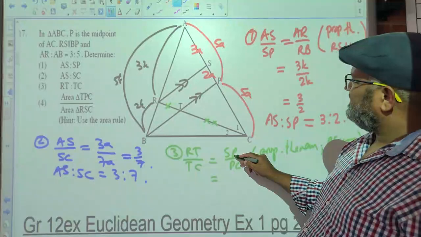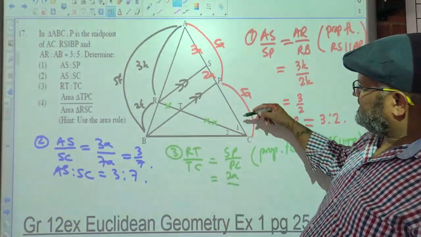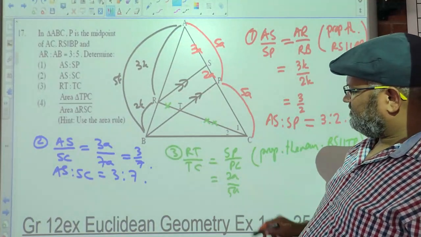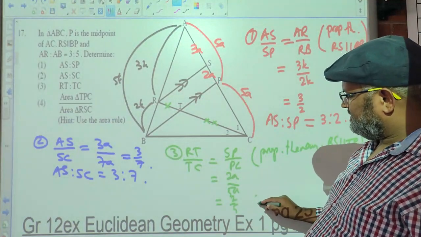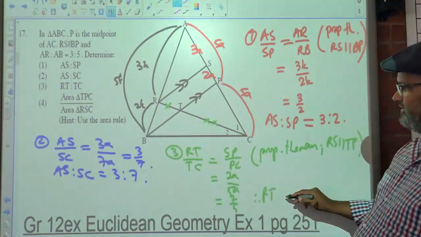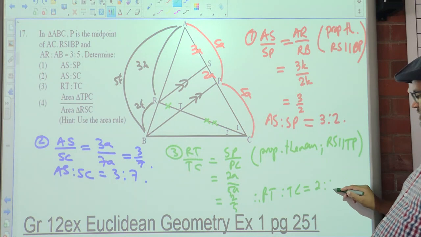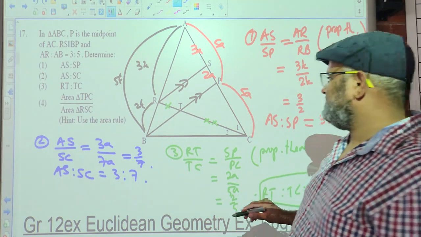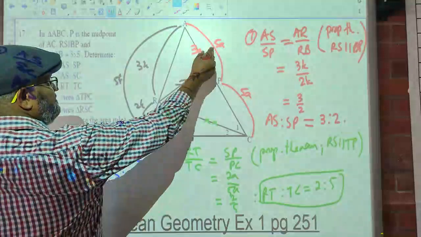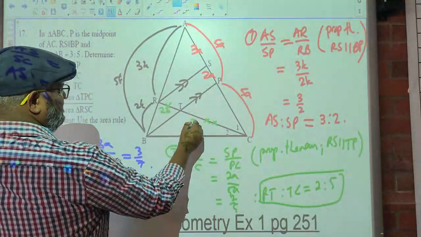So SP is 2A and PC is 5A. So it's going to be 2 over 5. So therefore RT is to TC as 2 is to 5. Just check if this one's right. Correct? So yeah, I'll just put, since we have A, K, so 2B and 5B.